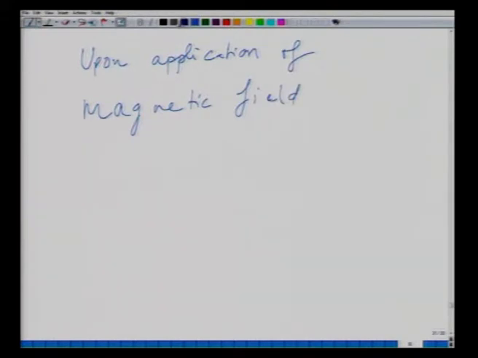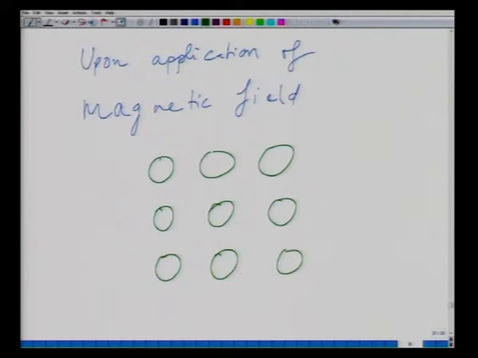And now, upon application of a magnetic field, the picture is slightly different. So when we draw this picture again, you have these atoms, and in this case, suppose you apply H greater than 0 and this H is in this direction.